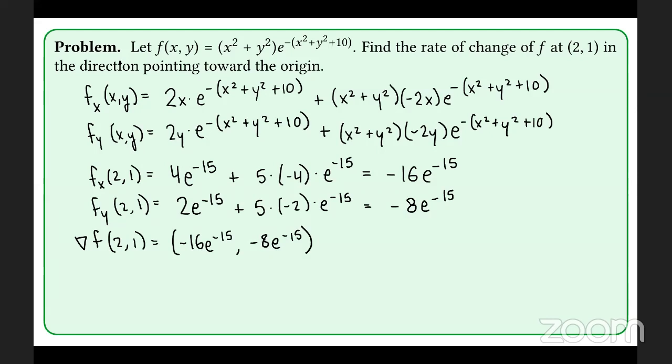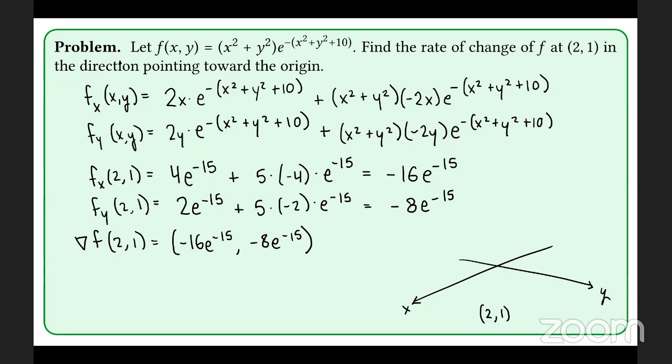So what's the direction that we want to take? So we're at the point 2, 1, and we want the direction pointing toward the origin. So let's see if I can draw this here. So here's x, there's y, here's 2, 1, oops. Here's the point 2, 1, and let me change the color here.